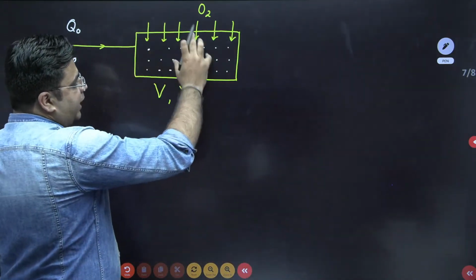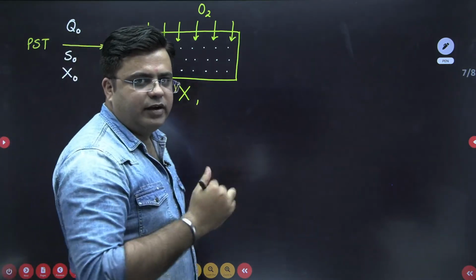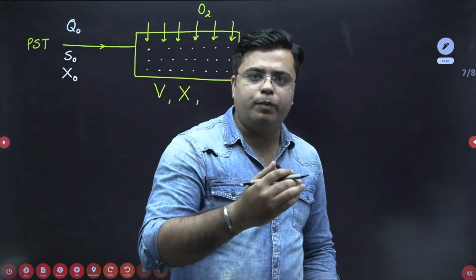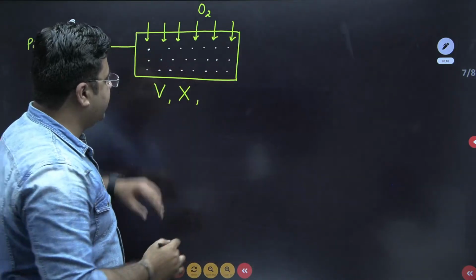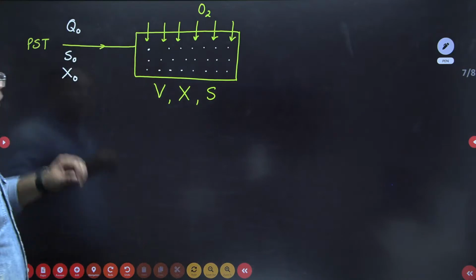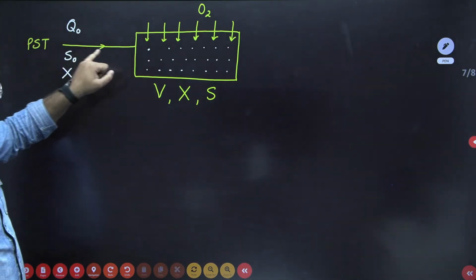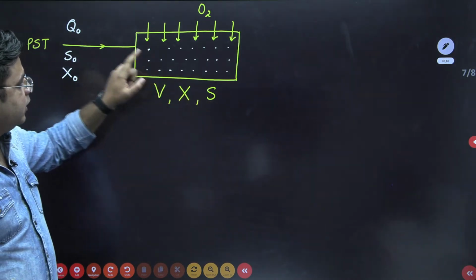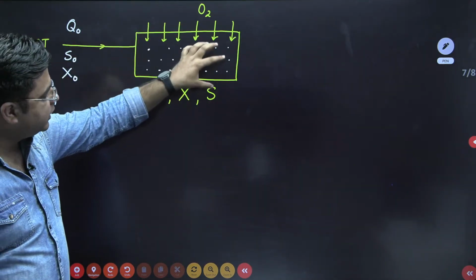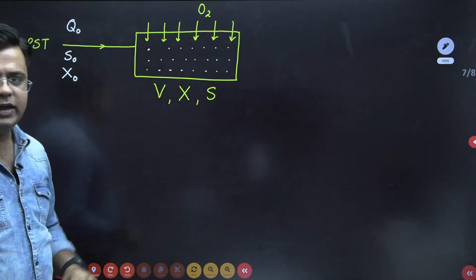And once these microorganisms carry out the decomposition, the organic matter will reduce. The value of BOD of wastewater inside the aeration tank is S. Amount of BOD entering is S0, which has been reduced to S. The biomass concentration inside the aeration tank is X and V is the volume of the aeration tank.